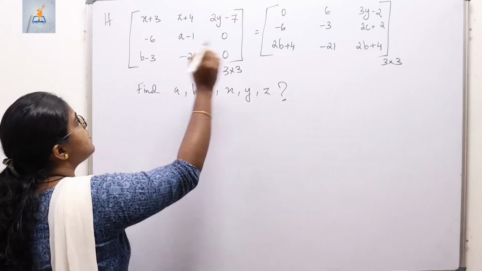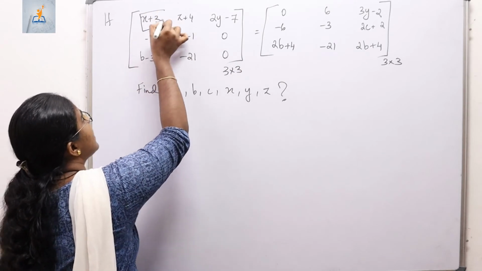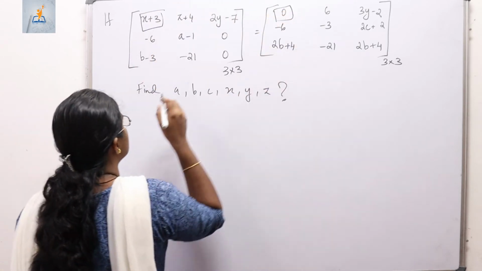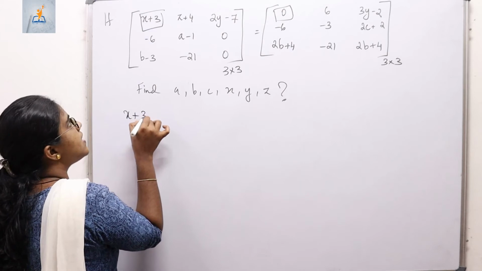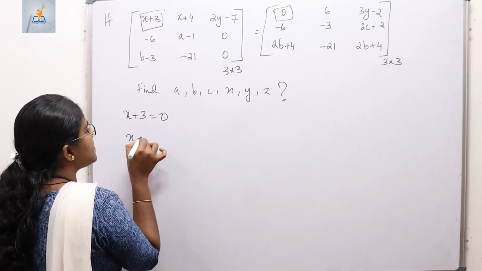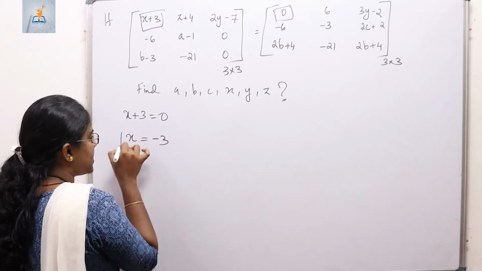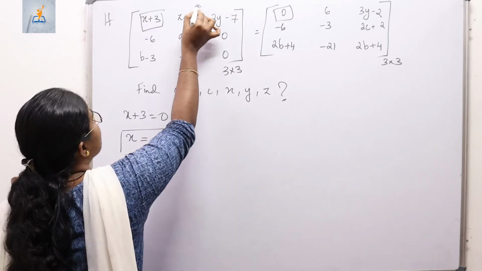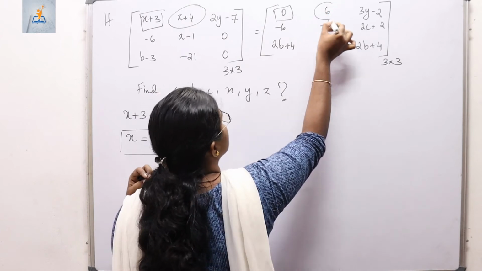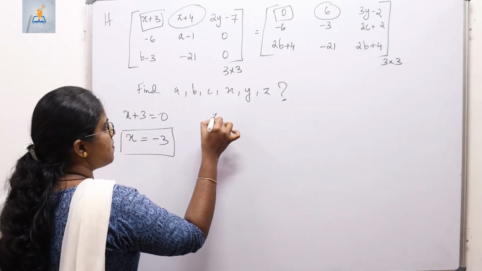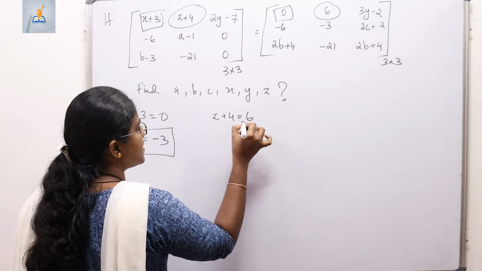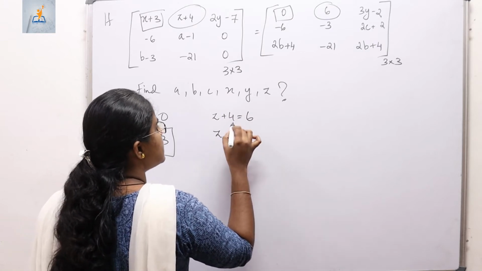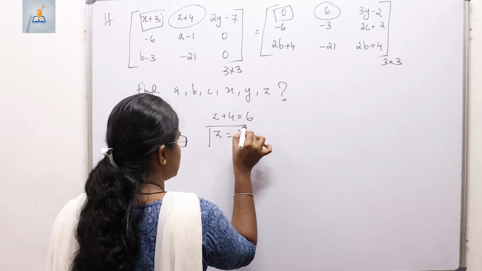Since the matrices are equal, we can say that x plus 3 is equal to 0, which means that x equals negative 3. So we have found the value of x. Now we have z plus 4 is equal to 6, which means z is equal to 6 minus 4, which is 2.